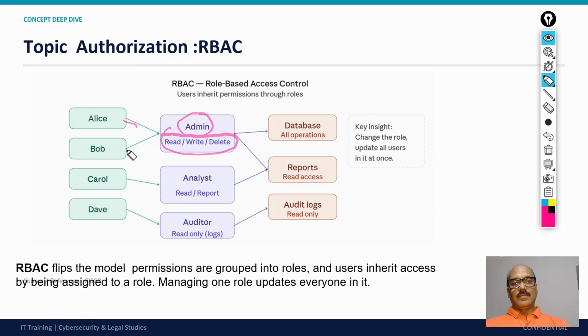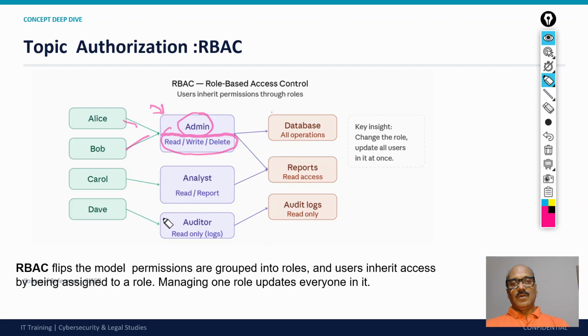Alice and Bob are the two users who are assigned to this role. Okay, and this role is linked to the database. So you can do all these operations, nothing but all operations.